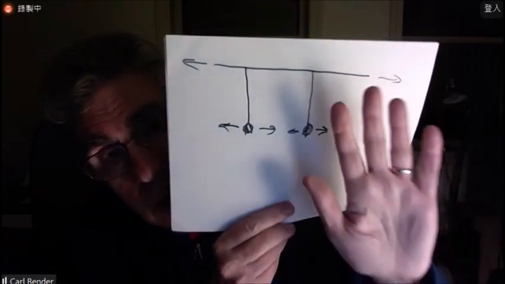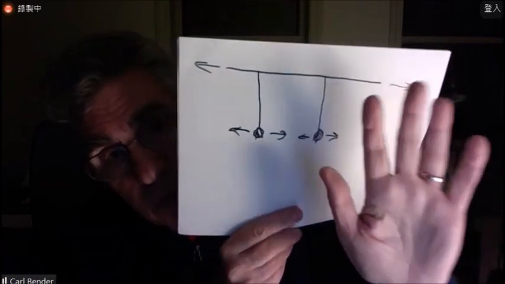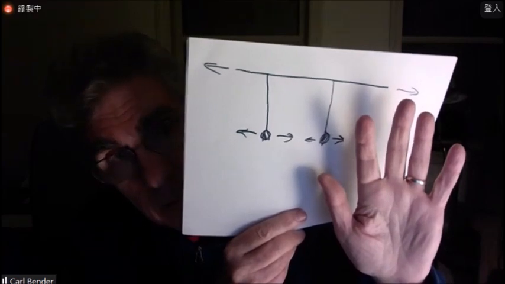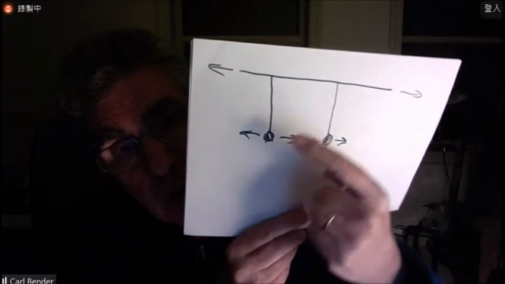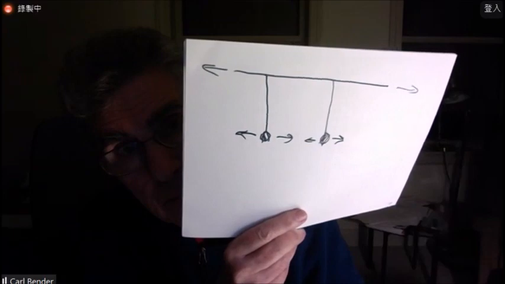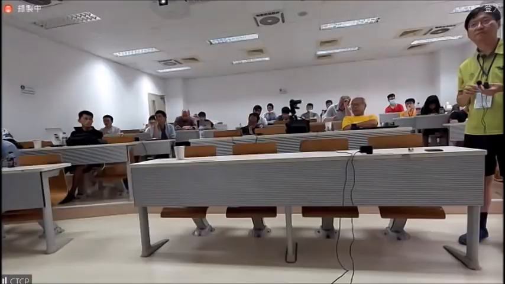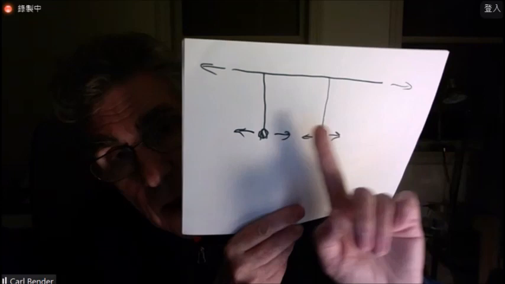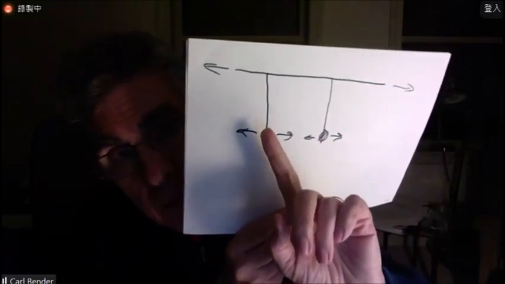So what I'm going to do is I'm going to push this pendulum, to make the pendulum swing, and I will put energy into the pendulum. Okay? But this pendulum has friction. So energy is going into this pendulum because I'm giving it a push, but energy is going out of this pendulum because there's friction.